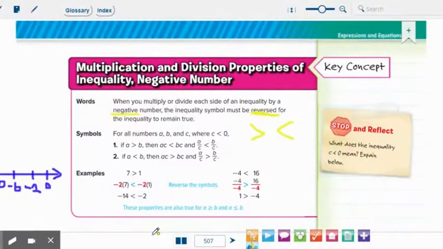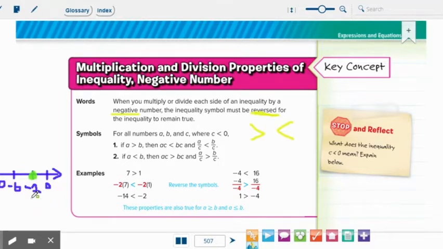To better illustrate this, we can look at a number line. Let's put -14 on a number line. And let's put -2 on a number line. When dealing with negative numbers, the number that is closest to 0 on the number line is the bigger number.